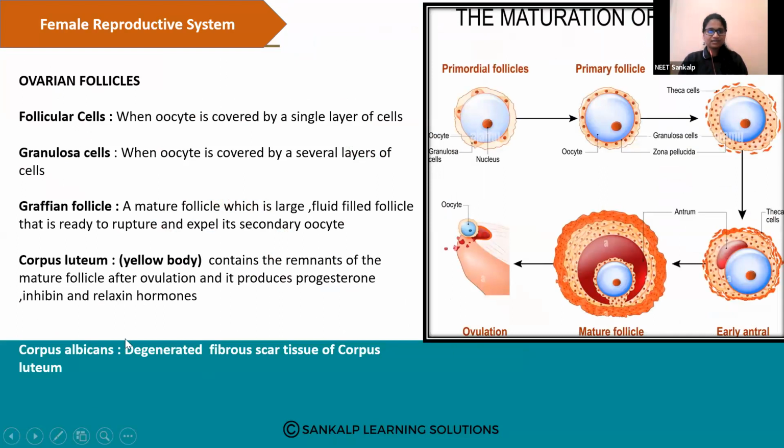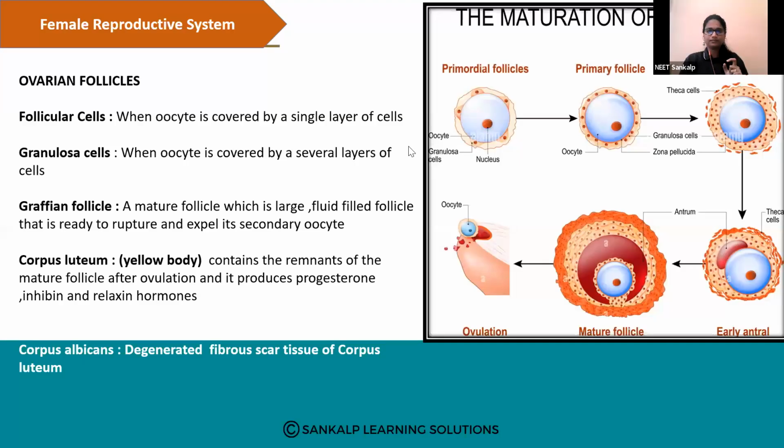A mature follicle is a large fluid filled follicle that is ready to rupture and expel its secondary oocyte.